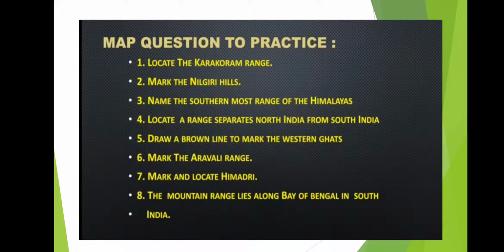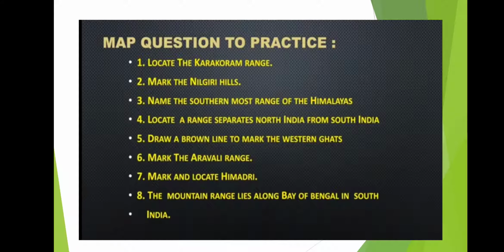Number 5, draw a brown line to mark the Western Ghats. Number 6, mark the Aravalli range. Number 7, mark and locate Himadri. And the last one, number 8, the mountain range that lies along the Bay of Bengal in the south. So these are the 8 questions I have given you to practice.